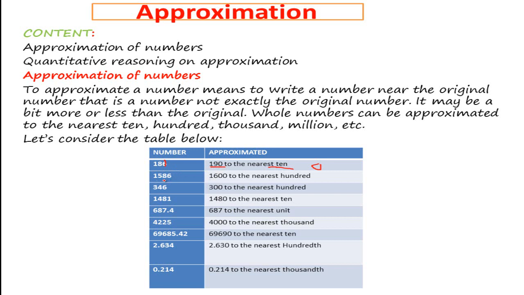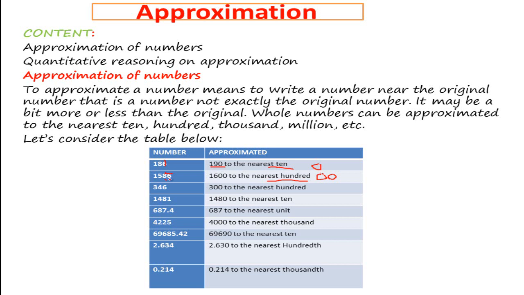Now let's go to the second one, which is 1586, and they say we should round it to the nearest 100. It means we are considering 2 unit positions, which is a 2-digit number, from the right-hand side. We are not going to count number 1 and number 2. The second one is actually 8. That means we are going to turn these two together to 0.